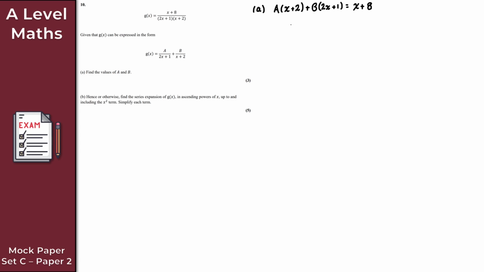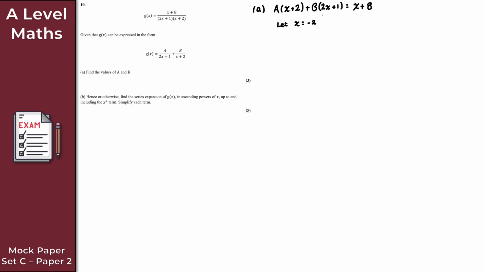So for example, if we let x equal, say, minus 2 here: a times minus 2 plus 2, which is 0. So a times 0 is just 0. In that case, we've eliminated a, and we can go on to solve for b.